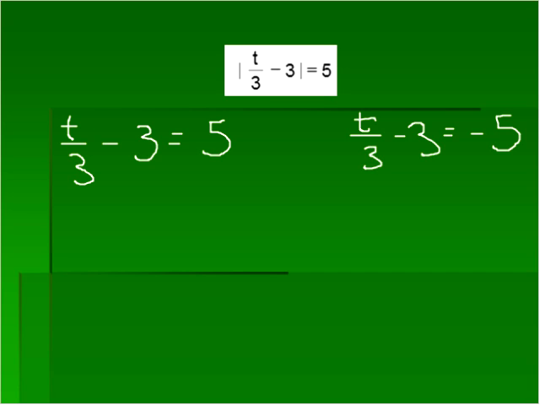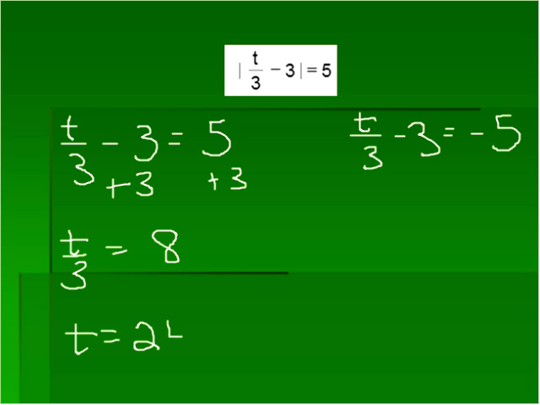Okay, I'm going to start by adding 3 in both equations. So that would leave me with t divided by 3 equals 8 in my first one. And let's go ahead and multiply each side by 3. So 8 times 3 is 24. So 24 is my first answer.